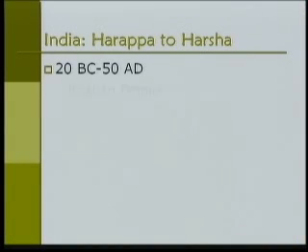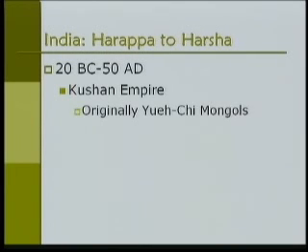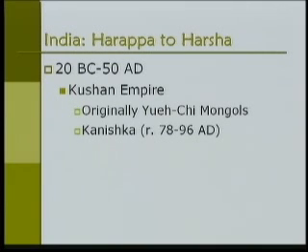After the Sakas and Pahlavas, you see the rise of the Kushan Empire, a foreign empire coming from outside. And this time, another group of people, the Yuezhi Mongols, came from outside, from China, Western China in fact, and established their empire in northwestern India.